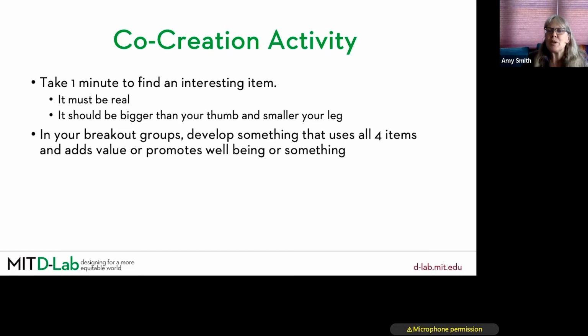Okay, so if you could please put us into the breakout rooms again. You have about 5 minutes to think of ideas. You need to incorporate all of the items that everybody brought to the group, so either 4, 5, or 6, depending on the size of your group. All of those items need to be integrated together.